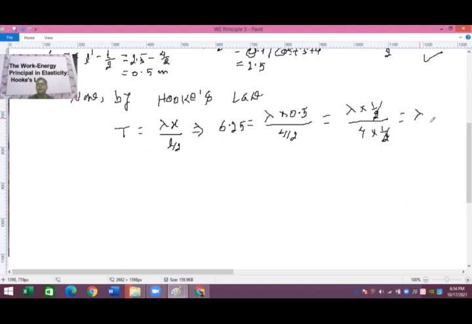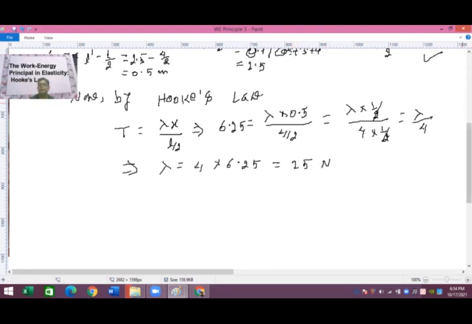So we now have lambda by 4. Now from first and last, if you cross multiply, lambda equals to 4 times 6.25, and 4 times 6.25 is 25, and this is Newton.